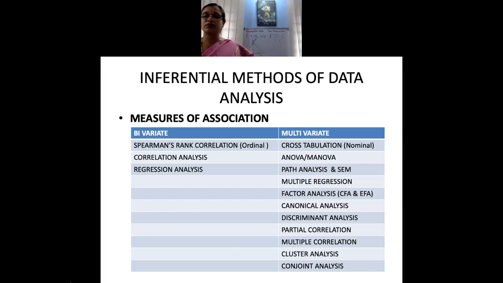When you are putting in a moderator or a mediator, you will have to study both the direct effect as well as the indirect effect. When you do that, you can use analyses like SEM, or the path model. You can use bootstrapping, where your data is replicated around 2000 or 3000 times, and you get much more accurate results.